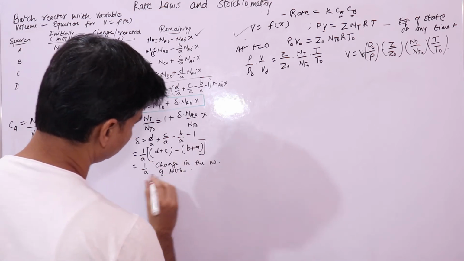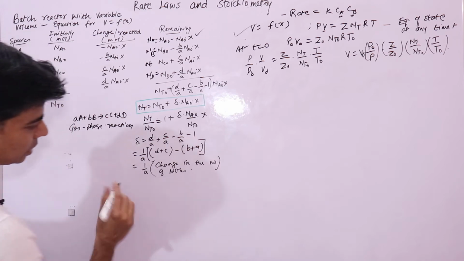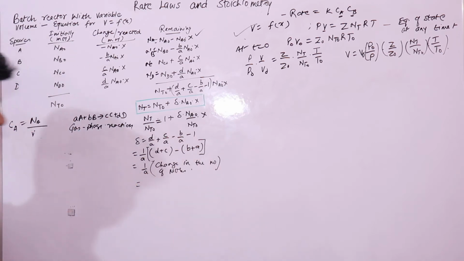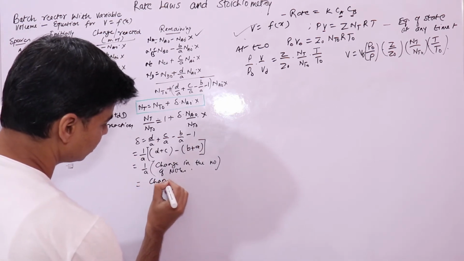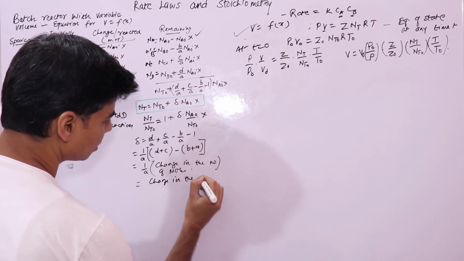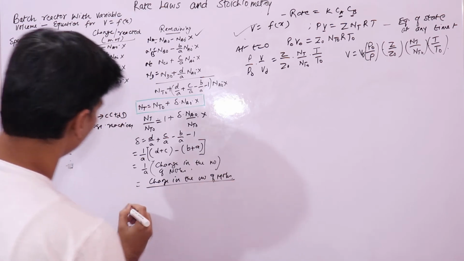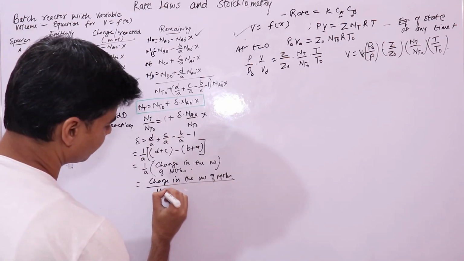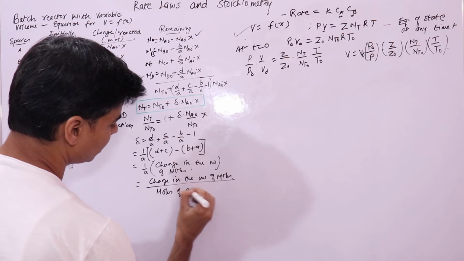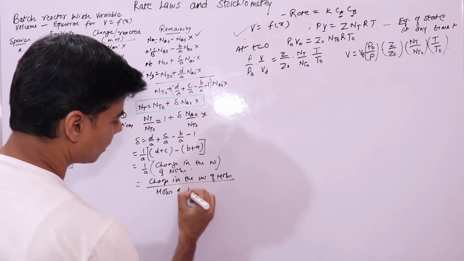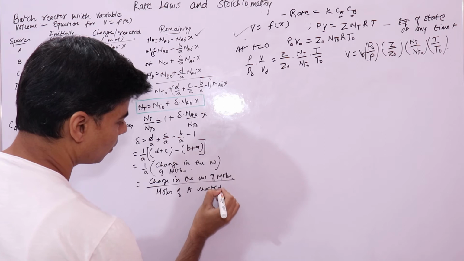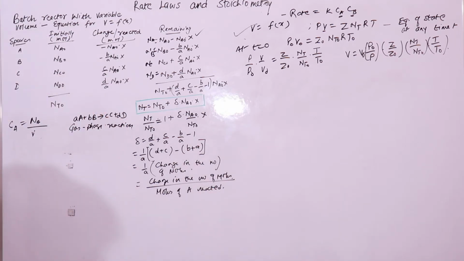And A represents the number of moles of A reacted. If you look at this equation, this is your change in the number of moles divided by moles of A reacted.